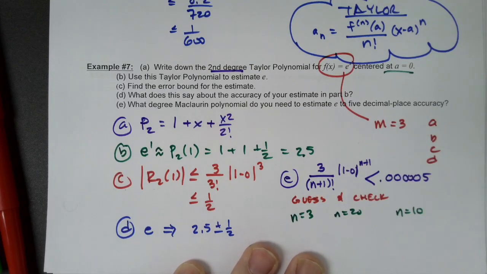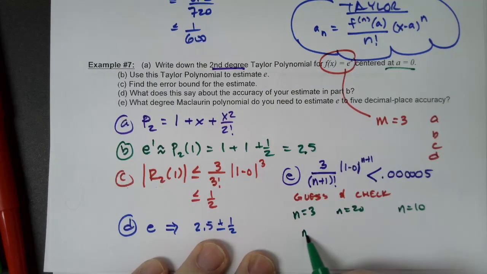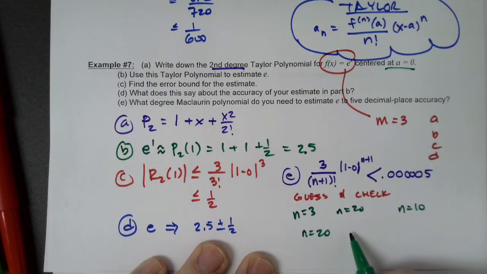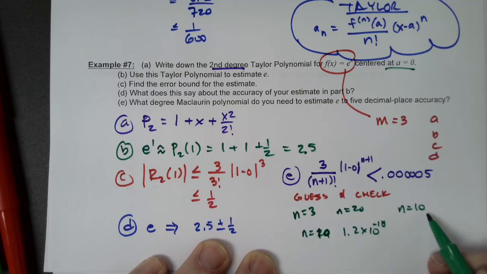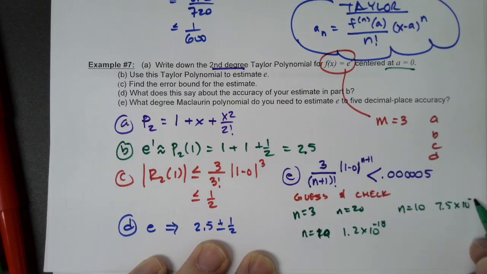Remember, n equaled 20. We were at like n equals 19. We were at 1.2 times 10 to the negative 18th. At 10, we're at 7.5 times 10 to the negative 8.